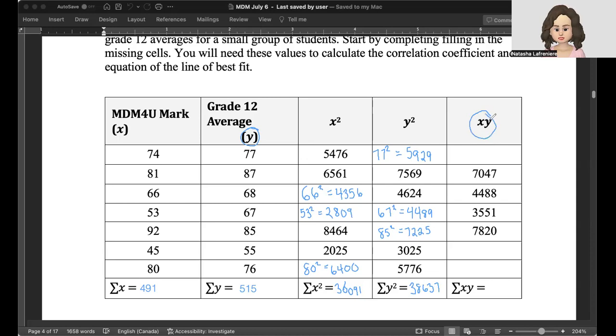Now for x times y, this times that. 74 times 77 is 5,698. 45 times 55 is 2,475, and 80 times 76 is 6,080. You add up your totals, which is 37,159.